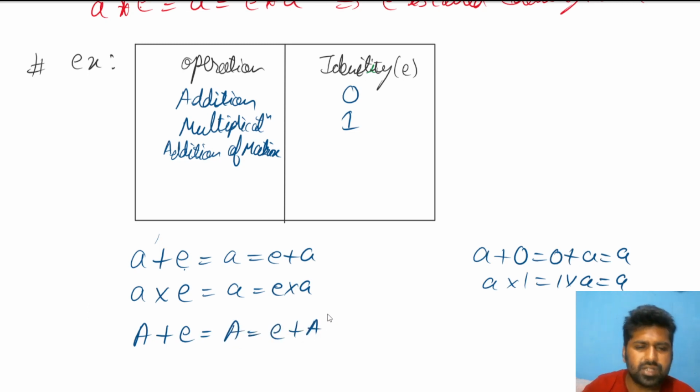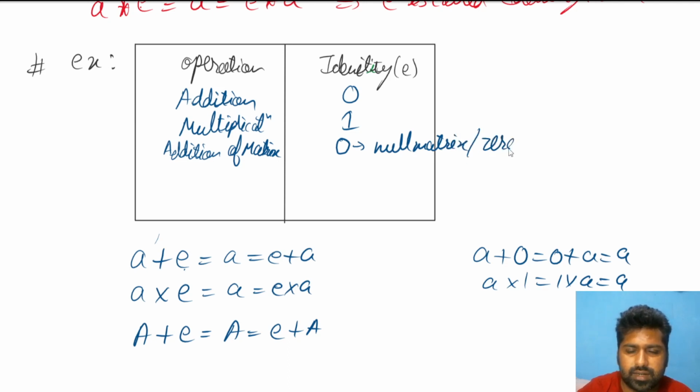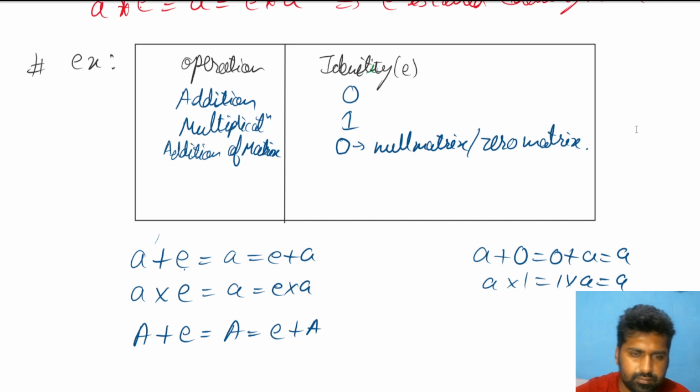Of course we know matrix addition is also commutative. Okay, a plus b is same as b plus a matrix wise also, but what should be this? E matrix should be a null matrix. So I am writing this, but remember this is alphabet O, it's null matrix or zero matrix. Okay, so for addition of matrix, null matrix is the identity.